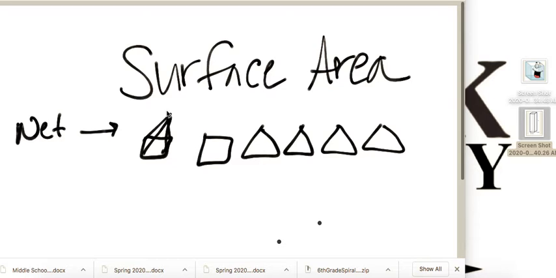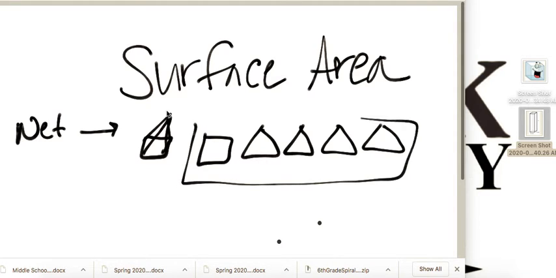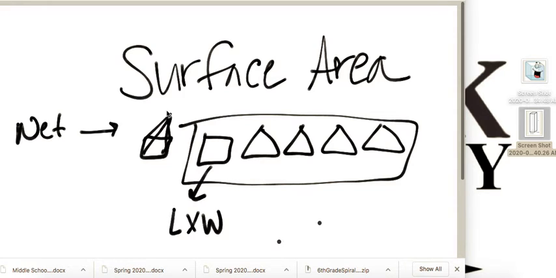Then the surface area is when we find the area of each of these surfaces. Once we find the area of each of those surfaces, then we add them all together. If I was finding the area of the square, I would do length times width. If I was finding the area of this surface, I would do 1/2 base times height.